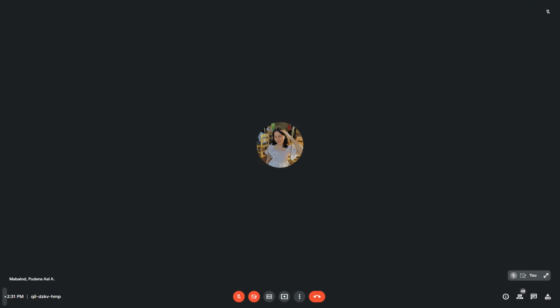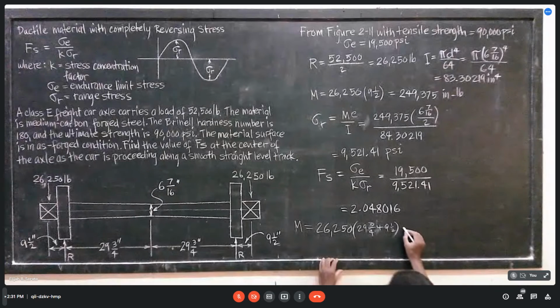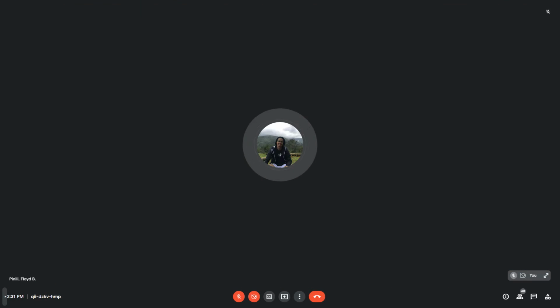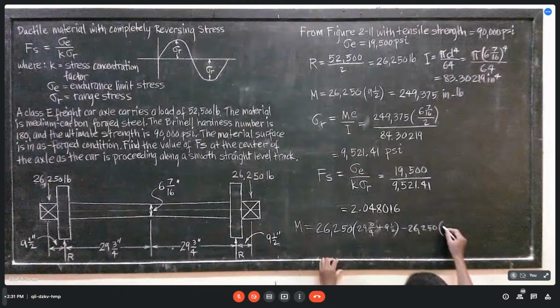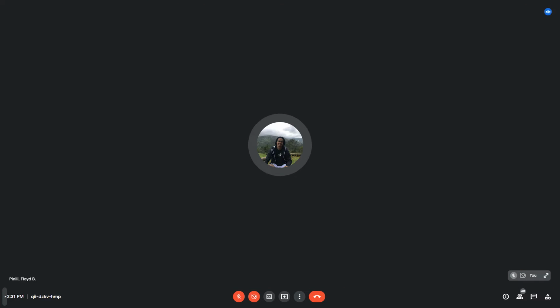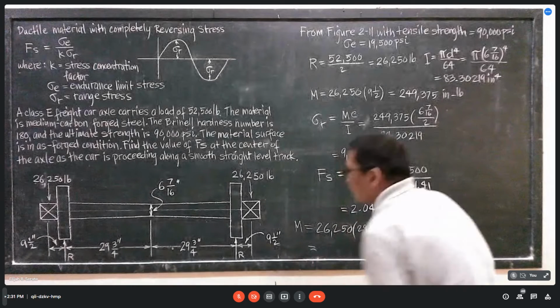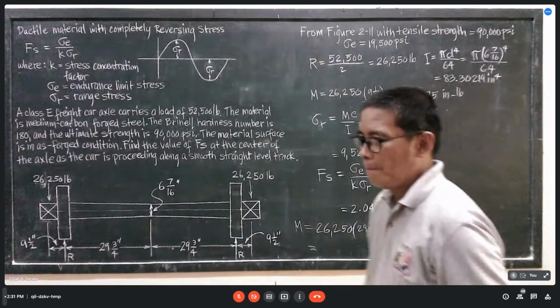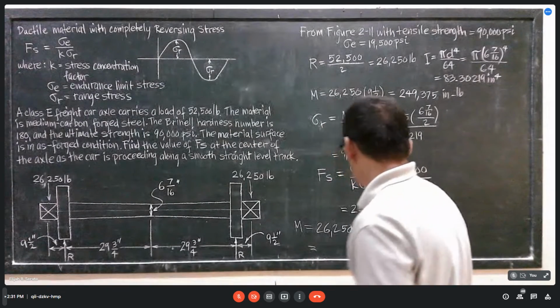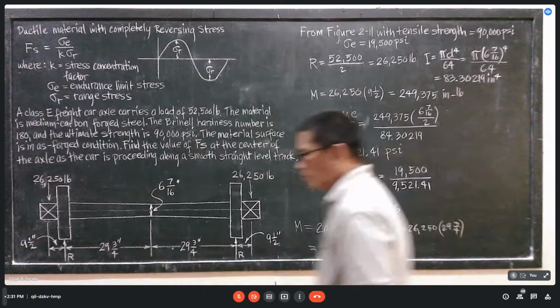Opposite. So it should be what? Negative. Minus, negative, times 29 and 3/4. Okay, you compute this. You try to compute that.